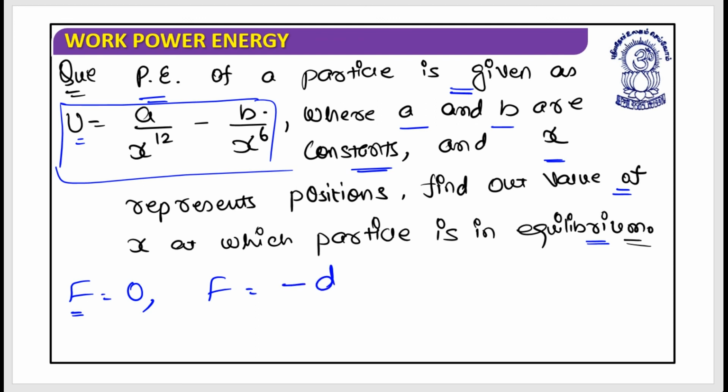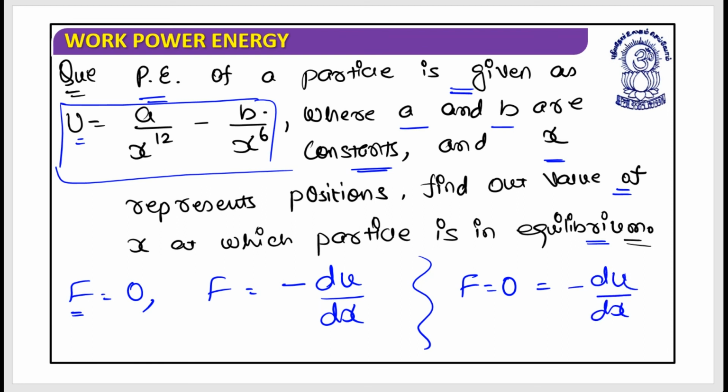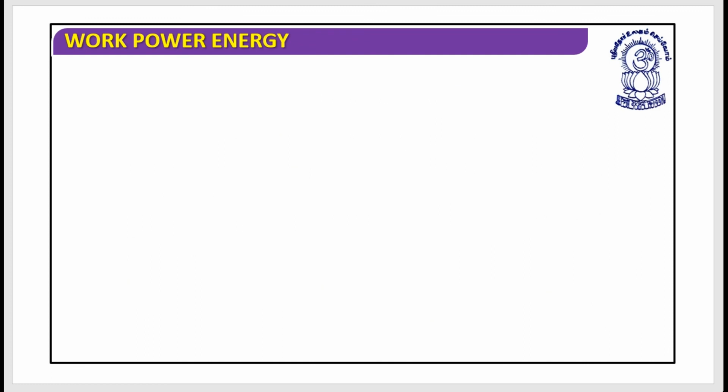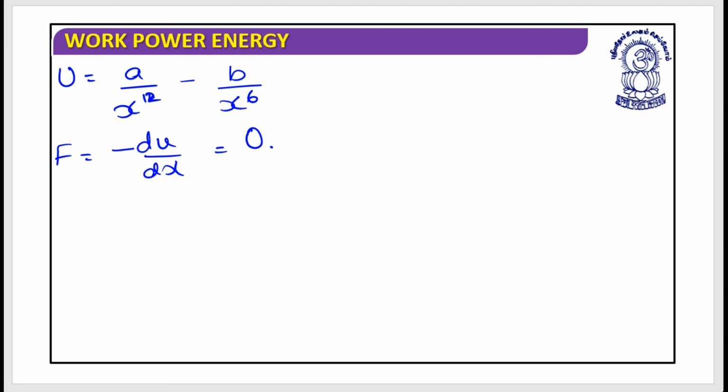It's F equals minus dU by dx. So F equals 0 means 0 equals minus dU by dx. I simply differentiate this. U was A divided by x to the power 12 minus B divided by x to the power 6. What I want is F equals minus dU by dx equals 0.